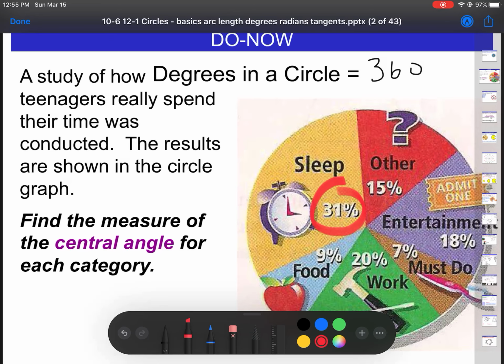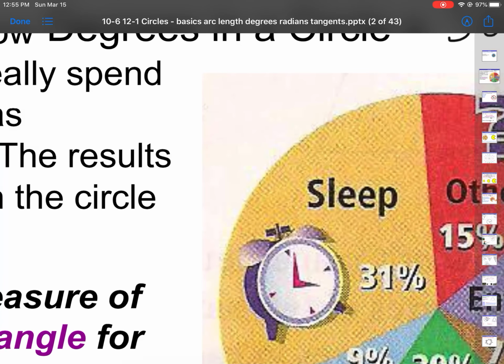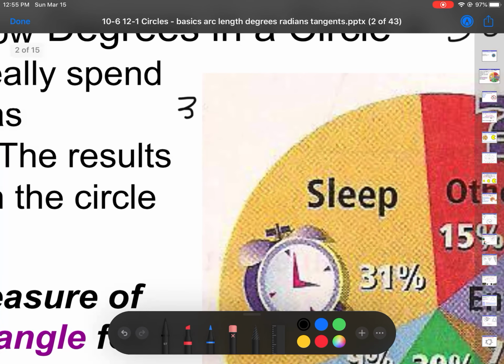So it's 31% of the circle. So we can just take 360, the total, times 0.31. So 31% of 360 will give you 111.6 degrees.